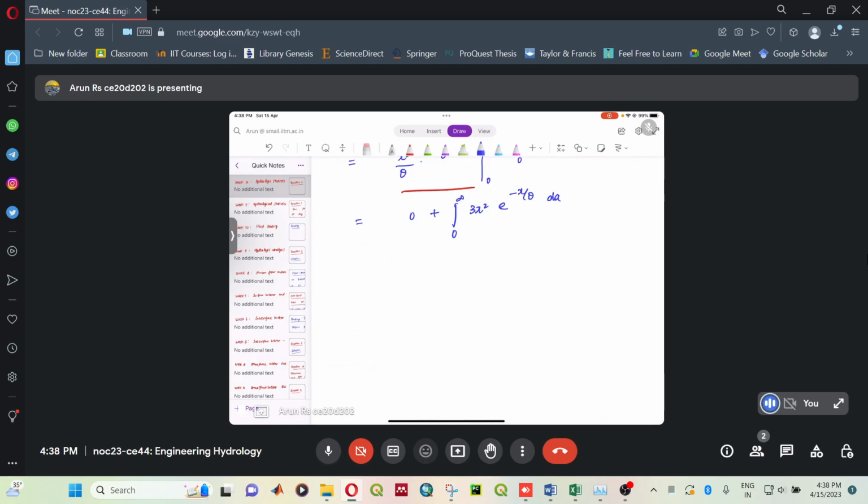So we can apply integration by parts again. I am taking u is equal to x square and dv is equal to e power minus x by theta.